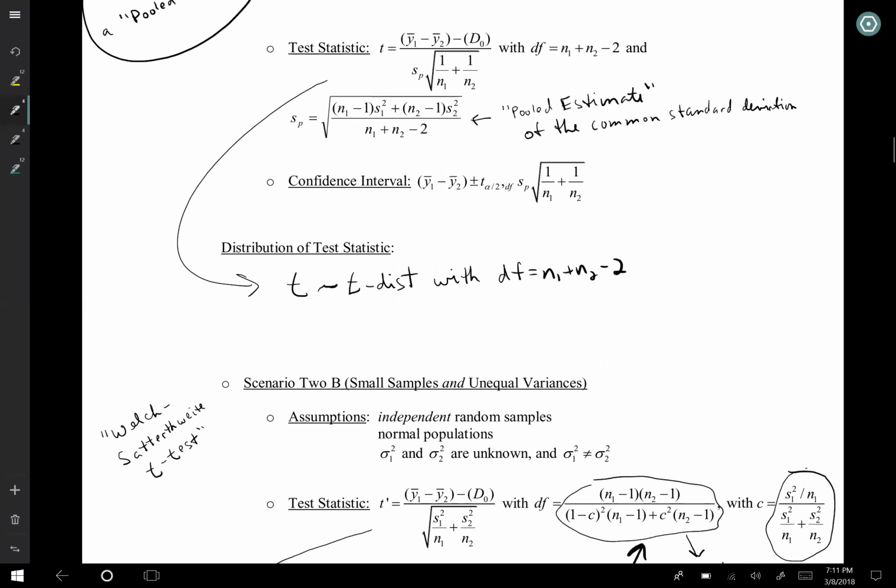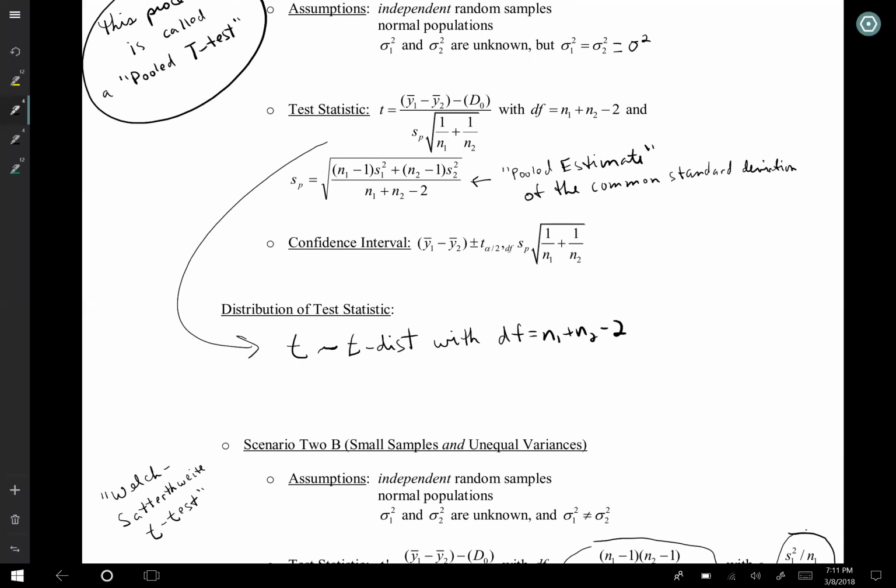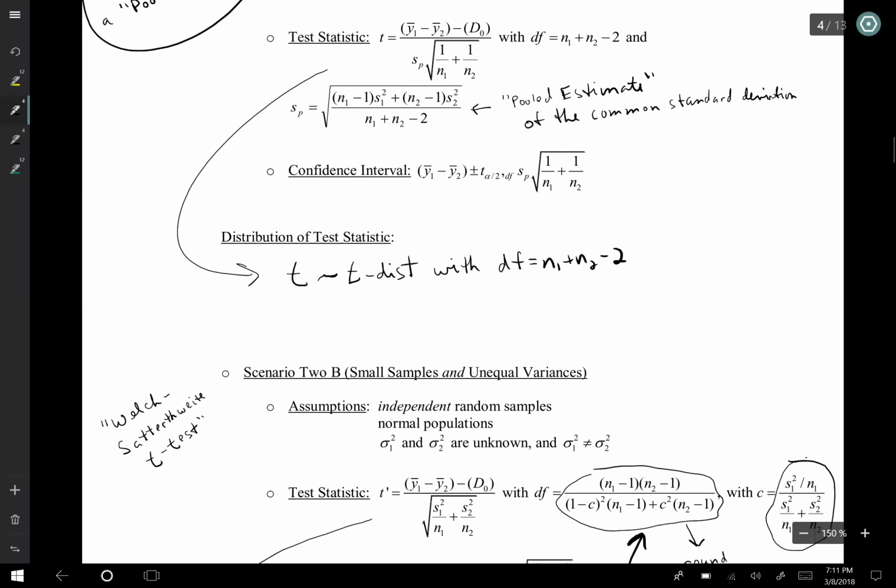But the first 2 assumptions are the same. You see that they both need independent random samples and normal populations. So those are both the same. It's just the variances that you have to, or I'm sorry, no, that's right. Are the 2 sample population variances the same?